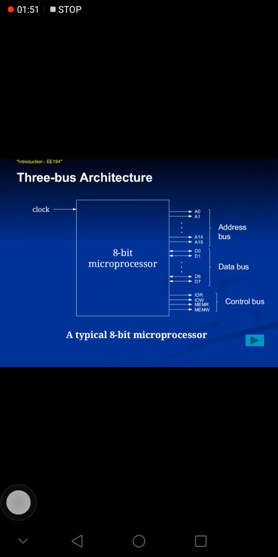So we have here the three bus architecture again, no? I'm sure we will study it, but this would be the general overview of our three bus architecture. This is what it looks like. We have here an 8-bit microprocessor, as we have already discussed in our previous topics.